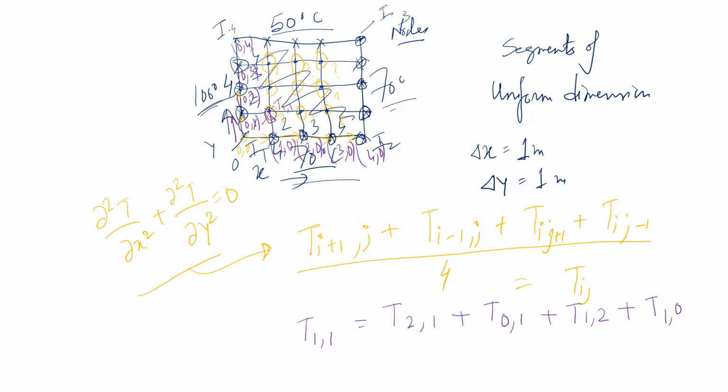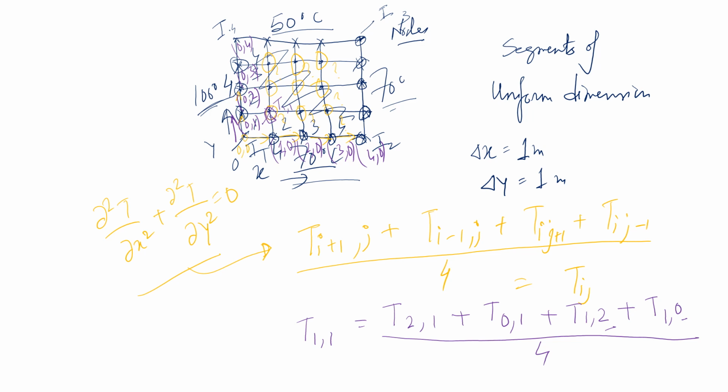Because I plus 1 will be 2 if i equals 1, and i minus 1 will be 0. And when j equals 1, then j plus 1 will be 2, and j minus 1 will be 0. And this will be divided by 4.